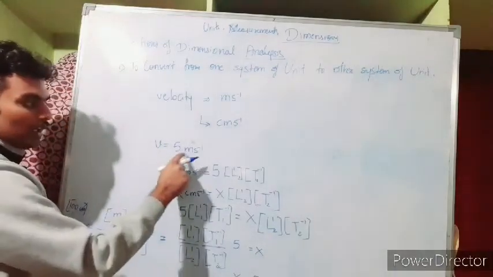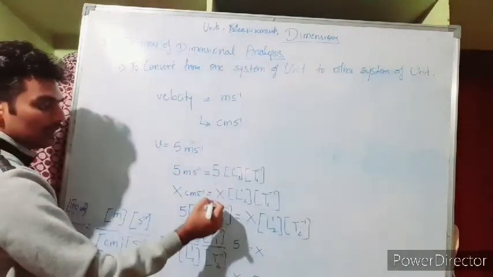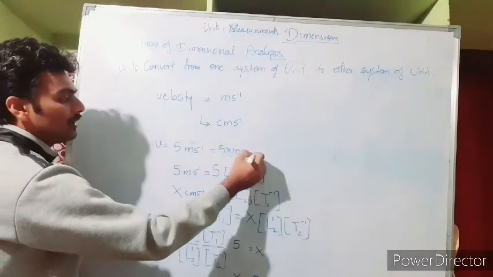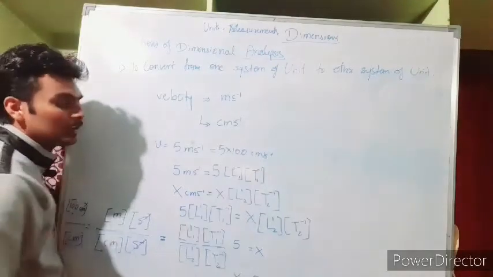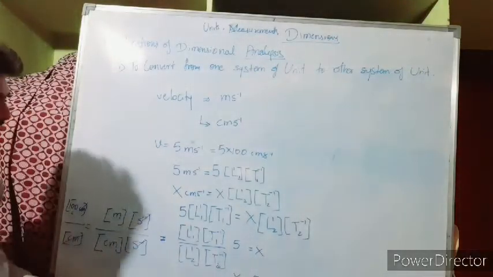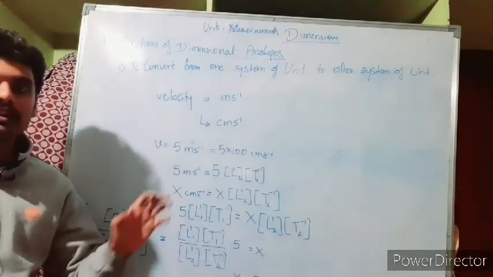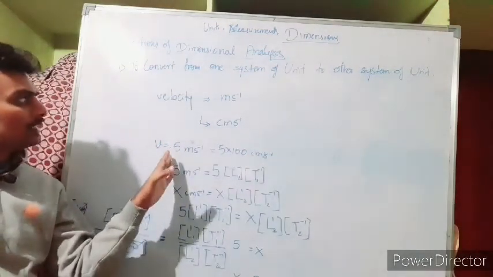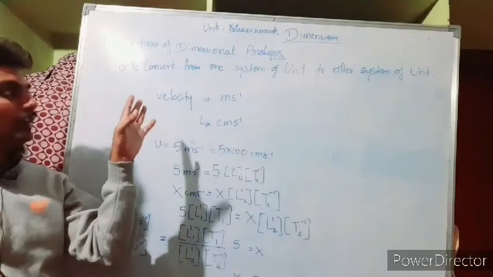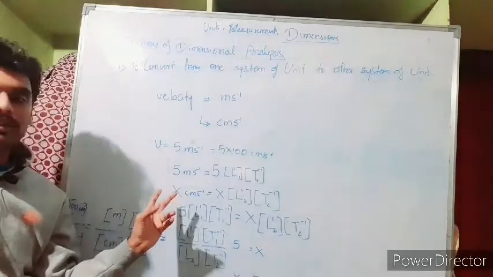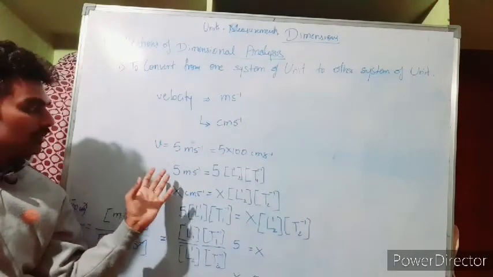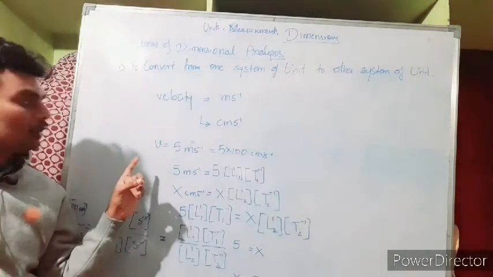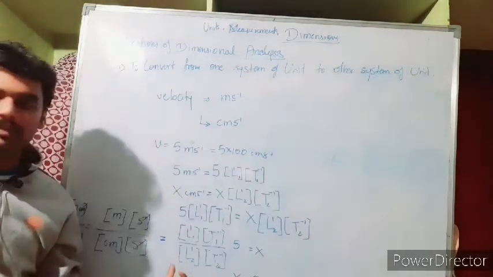So 5 meter per second is fine, and 5 into 100 centimeter per second is the other way of expressing the same quantity, but in a different unit, which is CGS system. So this is how we make use of dimensional analysis to convert from one system of unit to the other. This is for velocity, with an example.